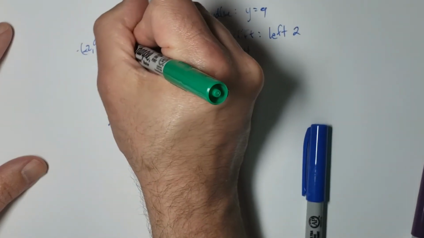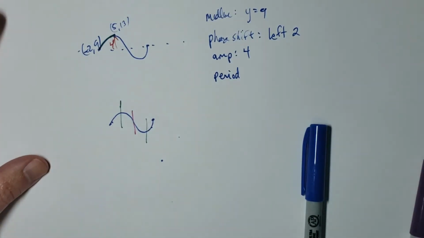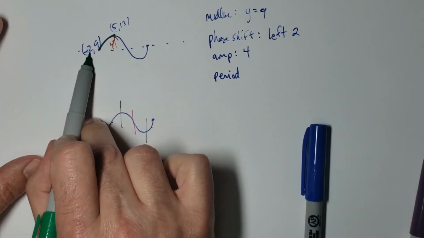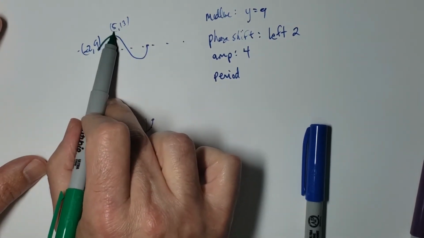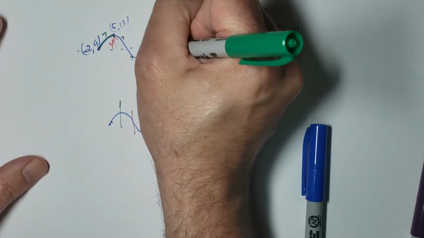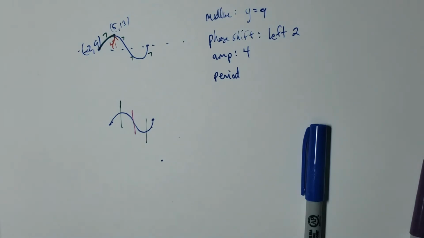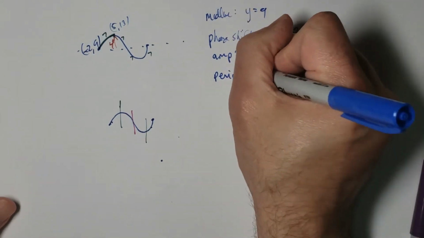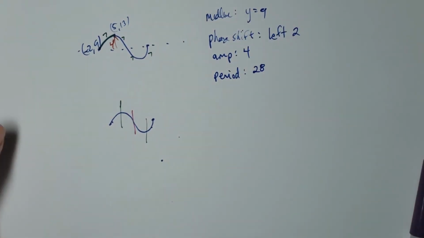So because we know this x distance, we can actually figure out the period. It went from -2 to 5. That's a distance of 7, which means that this has to be 7, this has to be 7, this has to be 7. Okay, so the period here is going to be 4 times that, or 28.